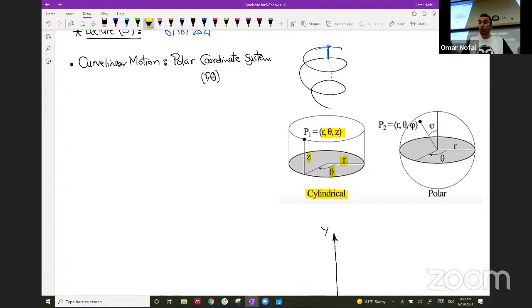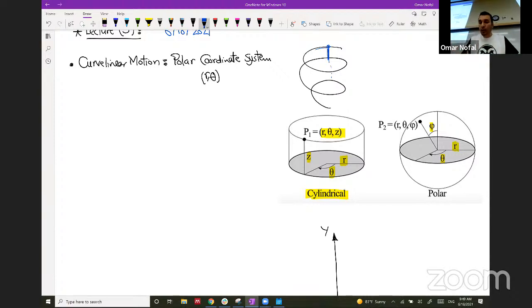Sometimes the particle is moving on a spherical path. So it's better to describe it with a spherical coordinate system, which uses R and theta, which is the angle from the x-axis, and phi, which is the angle from the z-axis. However, in this class, we will not be dealing with 3D, so all of our motion will be in the XY direction or in the plane.